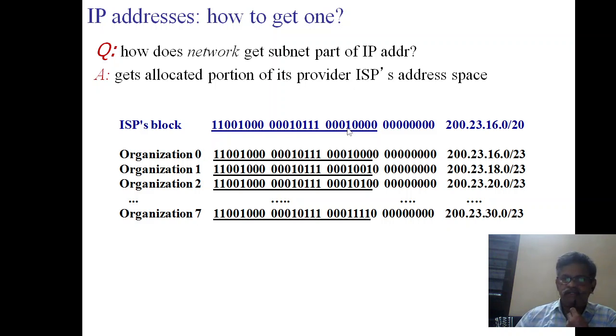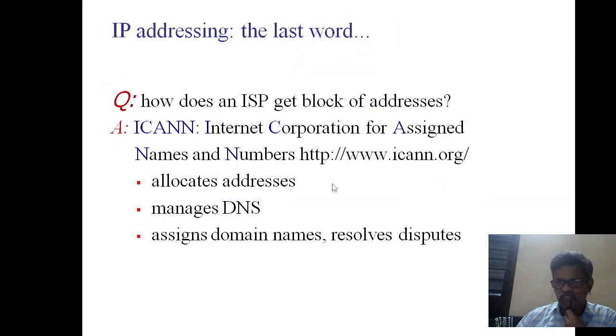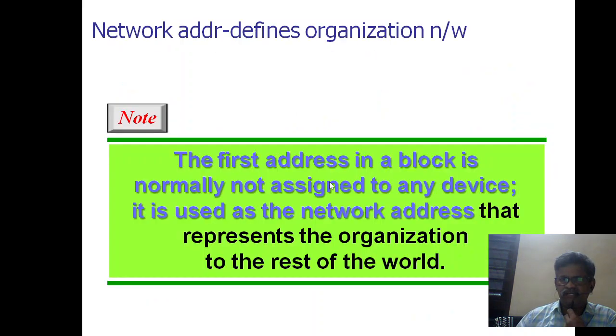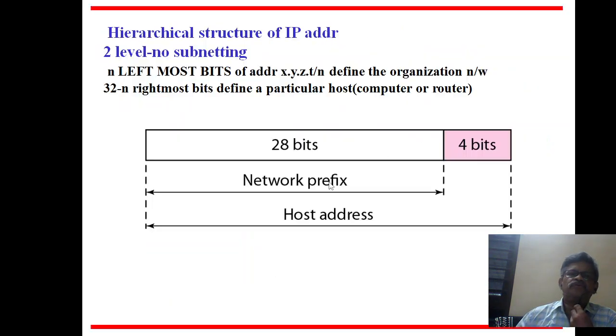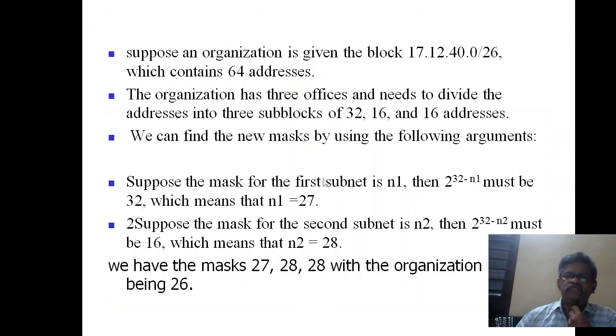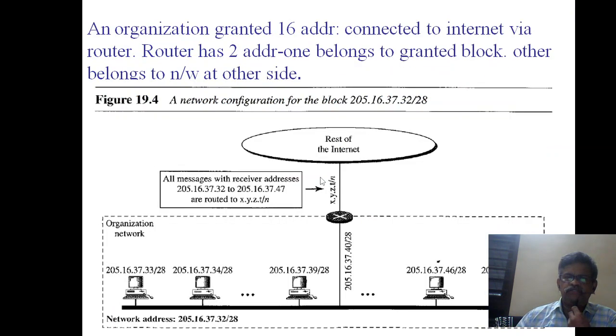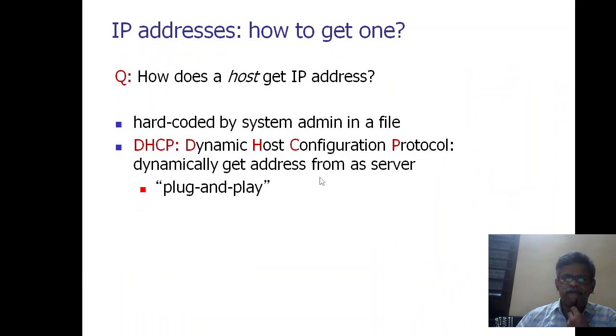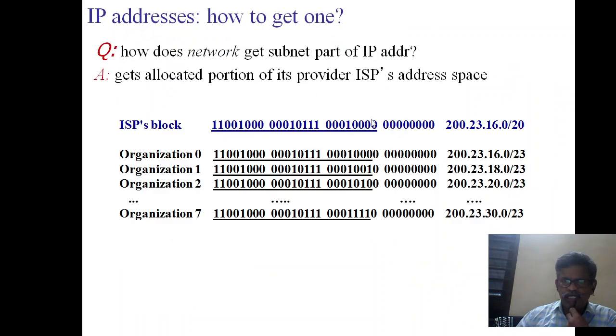The internet service provider gets an address space. This portion was covered in the last class, and I think I also told this. So the IP address is available by getting allocation from the ISP.